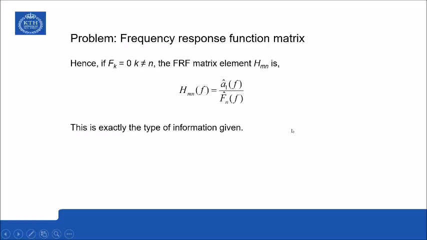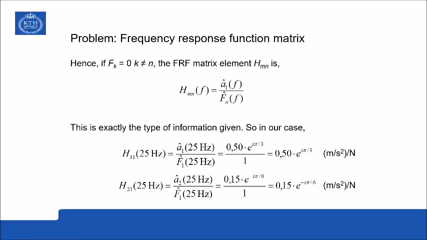And this is exactly the type of information we have in this case. So the H11 element at 25 Hertz is the given complex acceleration at 25 Hertz, which was this, over the exciting force, which was 1 Newton.